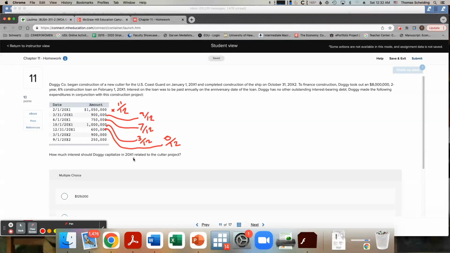So if we're looking at the expenses that are being capitalized in 20x1, then we really can't count these because these are occurring in that next year, 20x2.